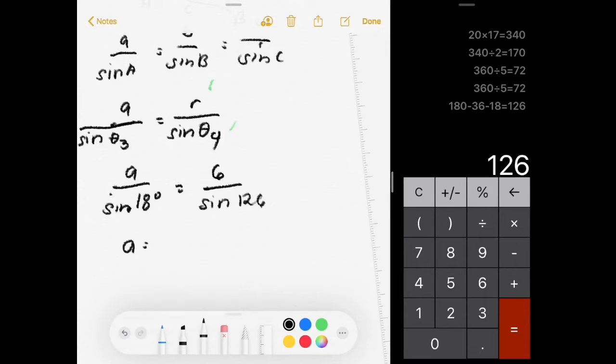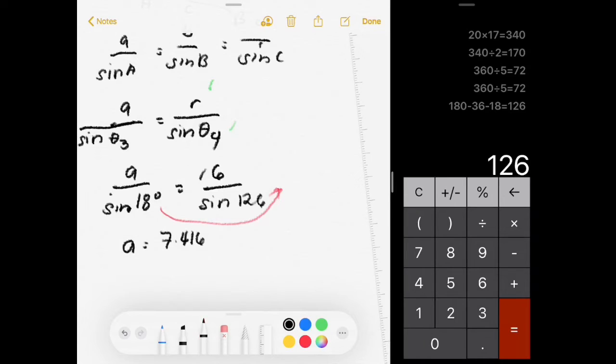Simplify natin itong portion na to. 6 over sine 126, makakuha ka ng 7.416.